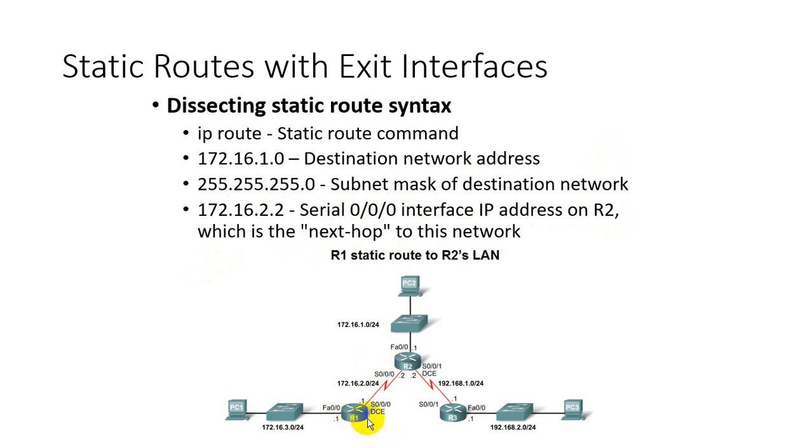For example, if it has to reach this network from this router, then it has to have a route of a remote network. Similarly, the route of the remote subnet, the exit interface is serial 0/0, and the next hop address is 172.16.2.2.